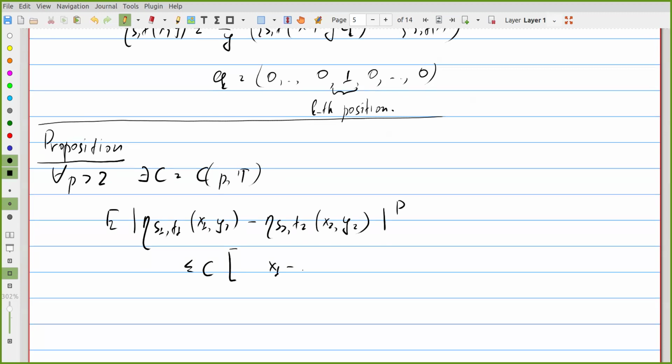And here we have something similar to what we had for just a solution, but now this alpha appears here everywhere.